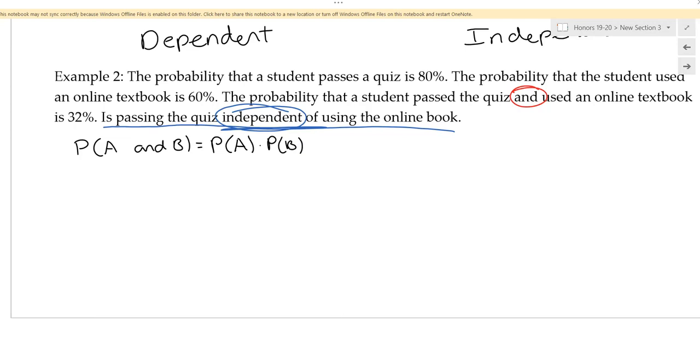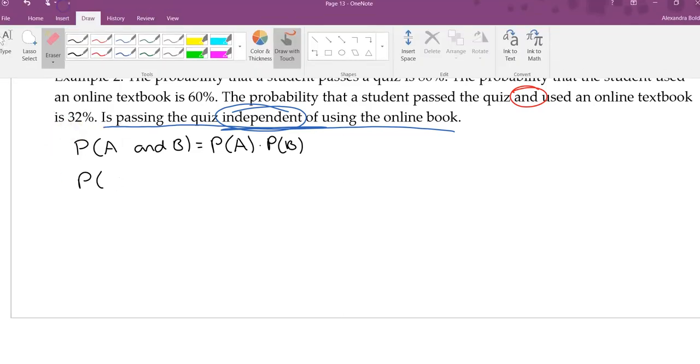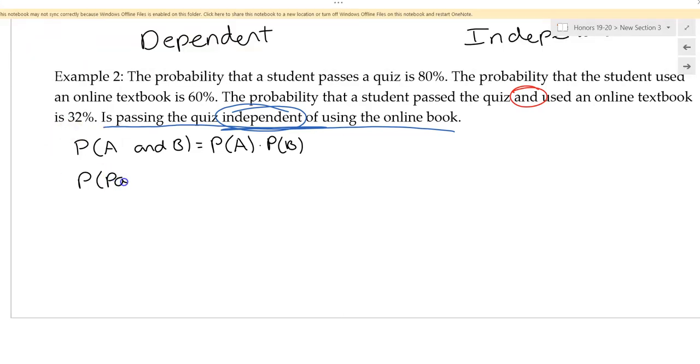So the probability that they passed and online should equal the probability of passed times the probability of online.